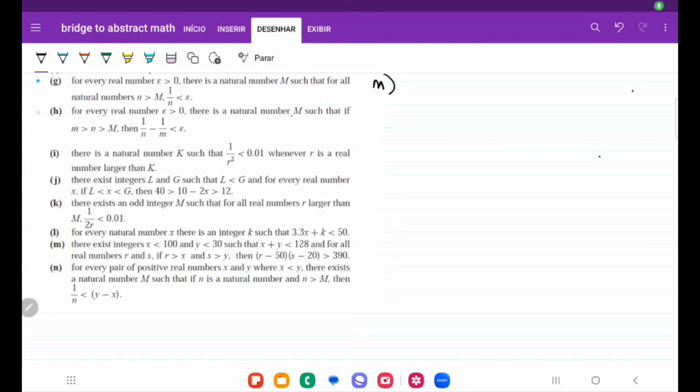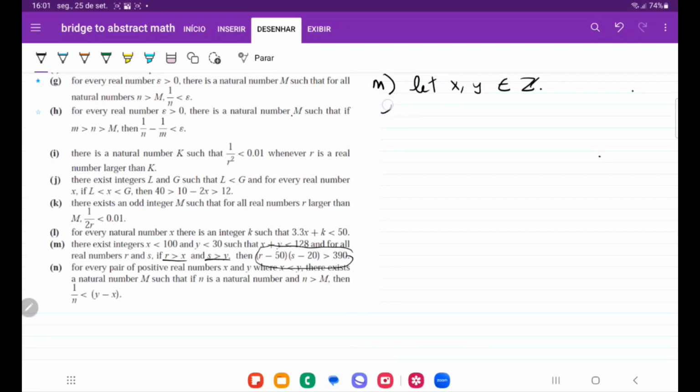So item M, we want to show that there exists x less than 100 and y less than 30 such that x plus y is less than 128. And for all real numbers r, s, if r greater than x and s greater than y, then this inequality here is true. Okay, so we're going to say let x, y belong to the set of integers.